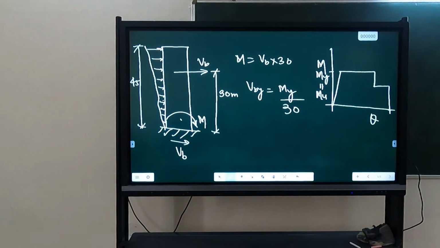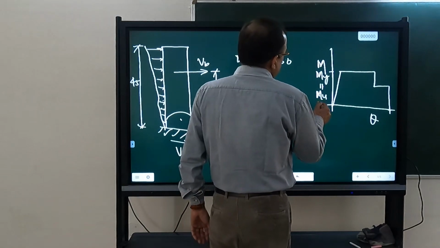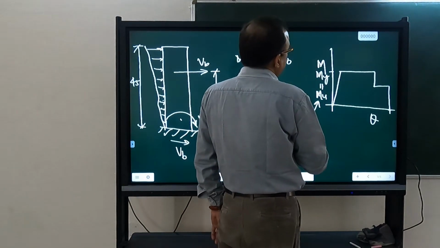Otherwise you have to do moment curvature analysis, and from there, after bilinearization, you will get My and Mu. We are assuming that My and Mu are the same. You know the procedure in IS 13920 to calculate Mu. The same procedure we will use. It may make a slight error, but it doesn't make much of a difference. So Mu you will calculate, and from that you will get My.